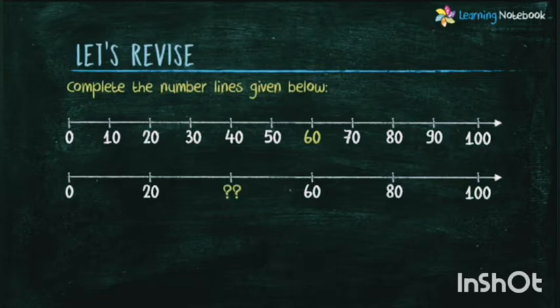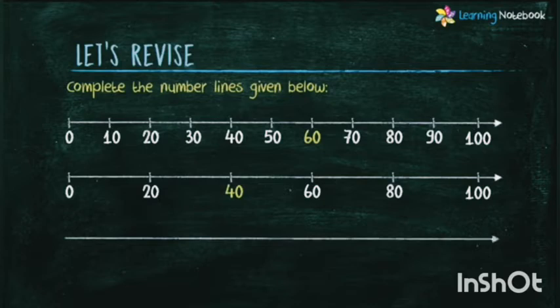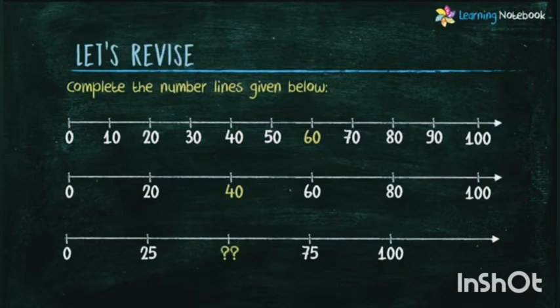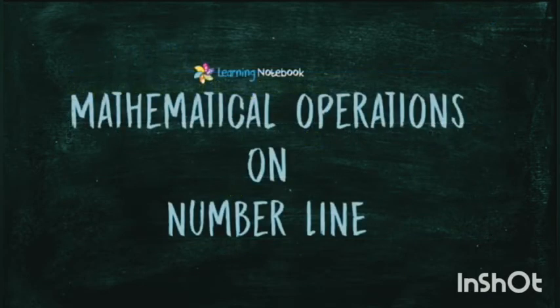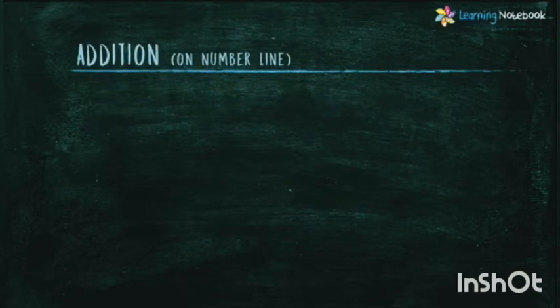The number line is 0, 20 and so on. So unit distance is 20. Therefore, after 20 we will write 40. Similarly, one more example: 0, 25 and so on. As you can see, unit distance is 25. Therefore, after 25 we will write the number 50 on the number line.